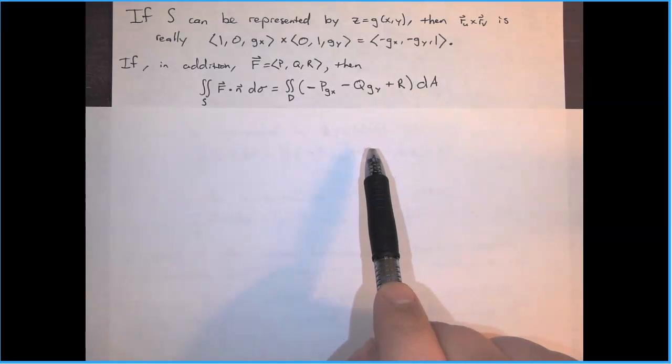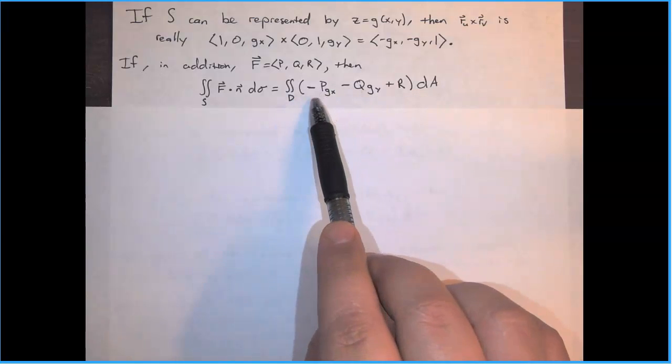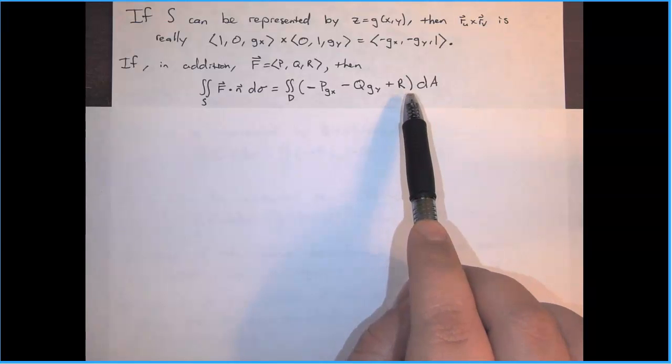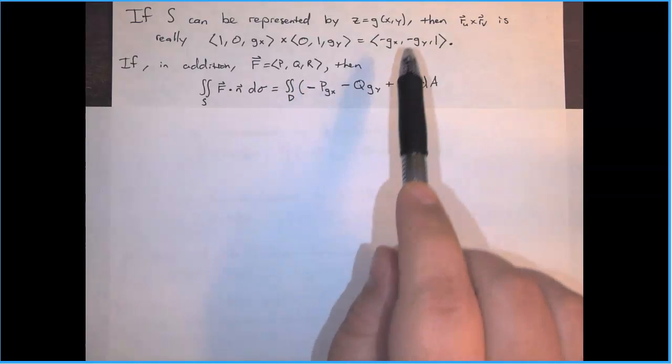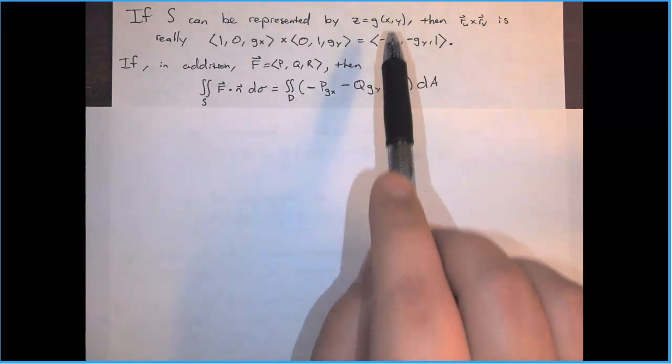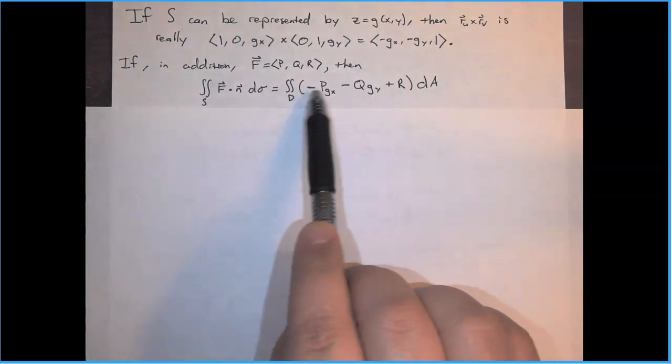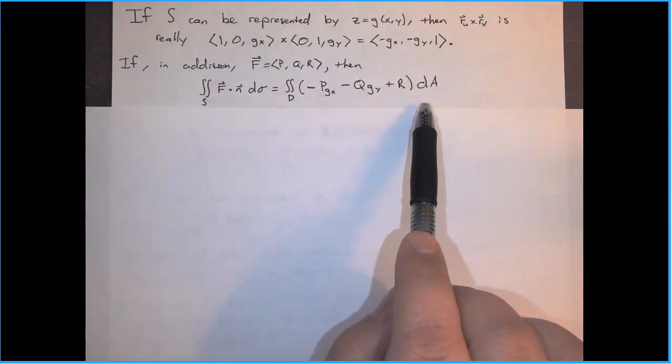We're integrating with respect to x and y. So we're assuming that P, Q, and R, which are functions of x, y, and z, anywhere there's a z in these functions, we're plugging this function g in for z, so that everything here is just in terms of x and y.